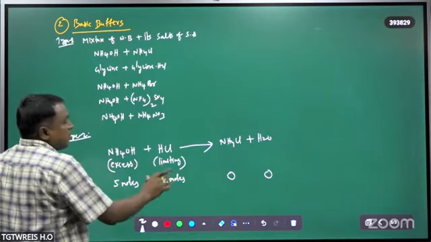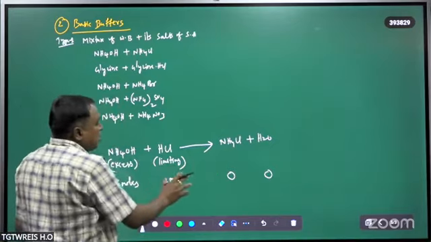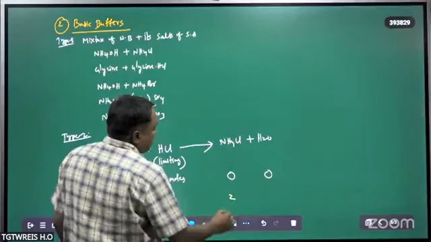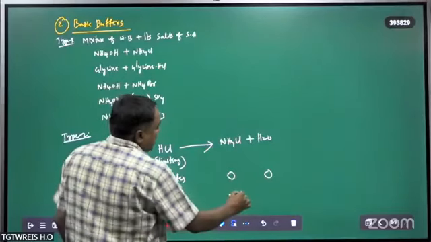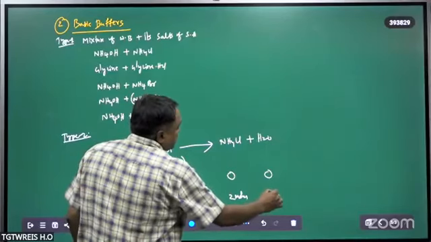The limiting reagent decides the formation of product. Therefore, it will be totally consumed in the reaction, and you will get 2 moles of ammonium chloride and 2 moles of water.